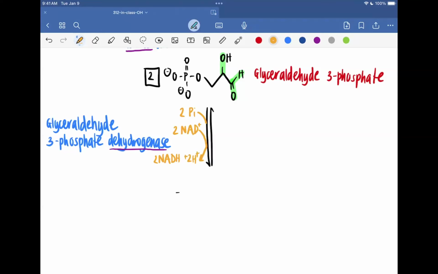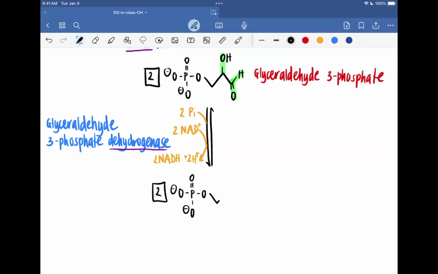And so the resulting product here is going to be our 1,3-bisphosphoglycerate. So we're going to add a phosphoryl group here in place of our hydrogens. So we'll have 2 of these molecules, where we have our phosphoryl group maintained at carbon 3.